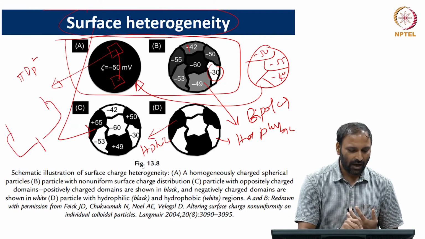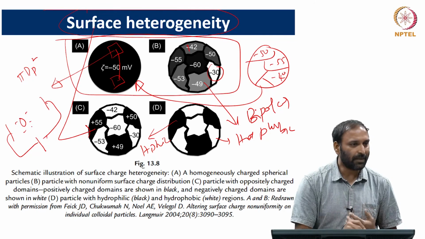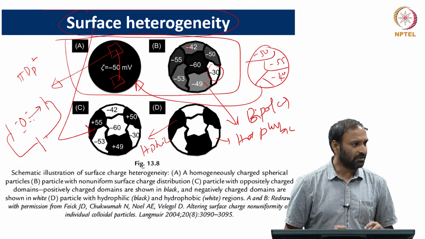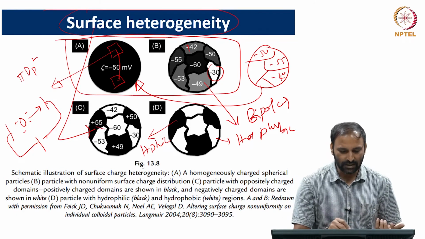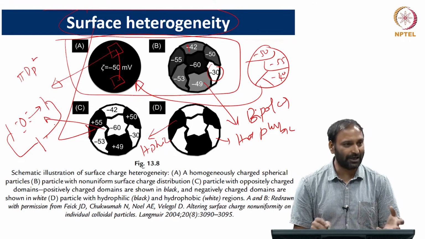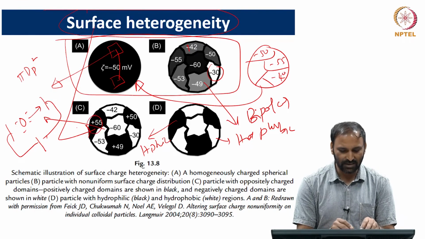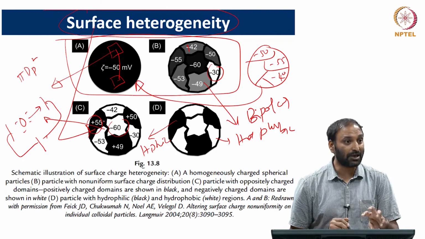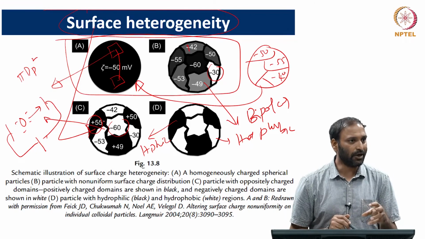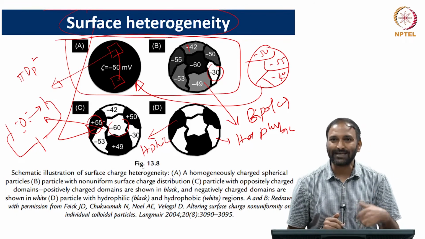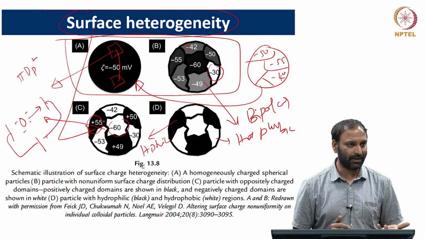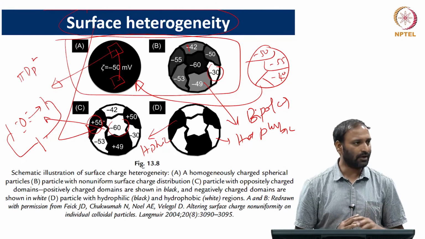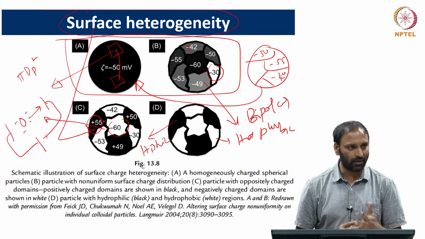You could have a case where I have a charged particle which may move in a particular direction when you apply an electric field. However, if you have particles which have heterogeneity like this, with patches that are positively charged and negatively charged, such particles could rotate in the electric field. You could exploit properties like that, and you can actually characterize the particles for chemical heterogeneity. But it involves more advanced techniques, more involved kind of work.